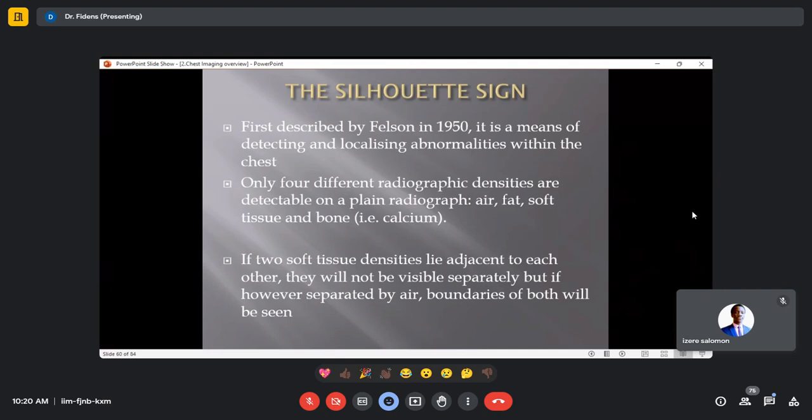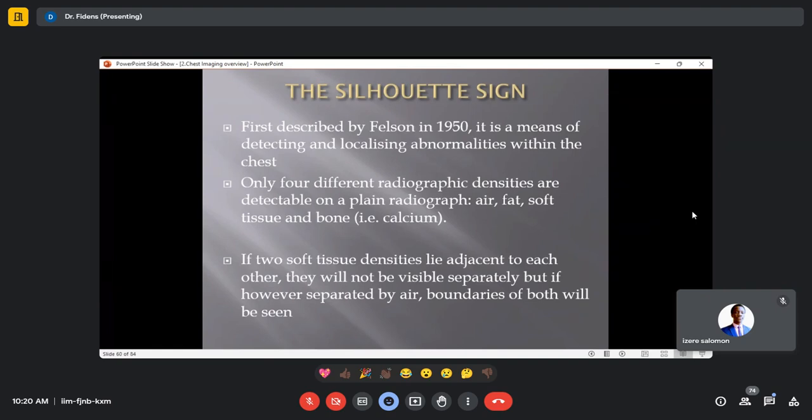Meaning, if you have an opacity in the left lower lobe, you can't see a silhouette sign positive for the heart. If you have an opacity in the right lower lobe, even if apparently it is superimposed on the heart shadow, the silhouette sign will not be positive.